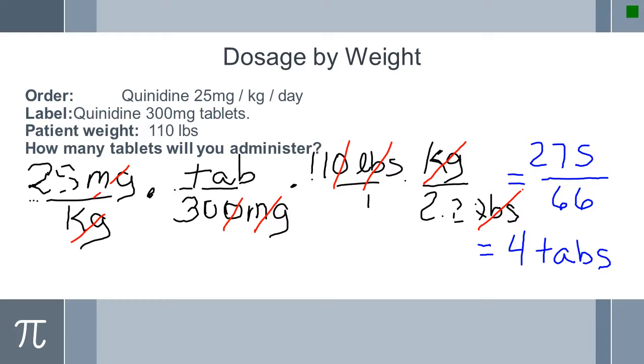So when I divide 275 divided by 66, I get 4.2 tablets. I can't give a partial, so I'm going to have 4 tablets. Remember, I said we could give a half, but not anything different than that. So we're going to give 4 tablets.